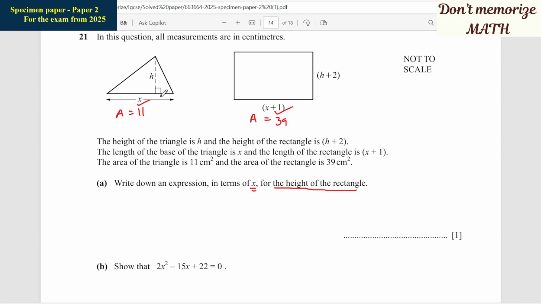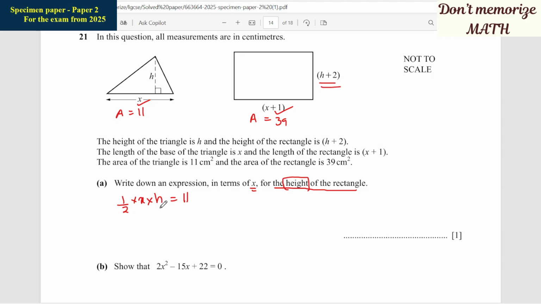So half times the base x times h is equal to 11. We need the height. This is actually referring to the rectangle, but here we will find the small h. Then whatever we get for small h, plus 2 will be the height of the rectangle.